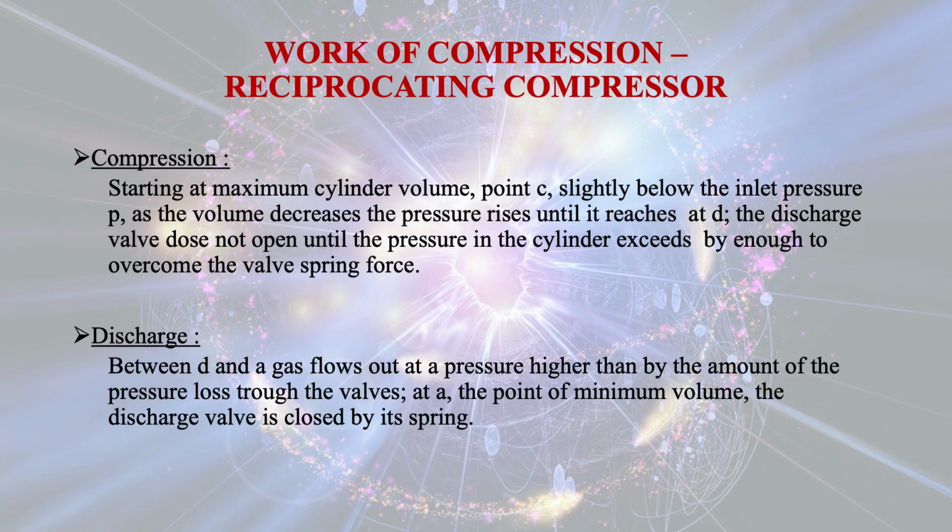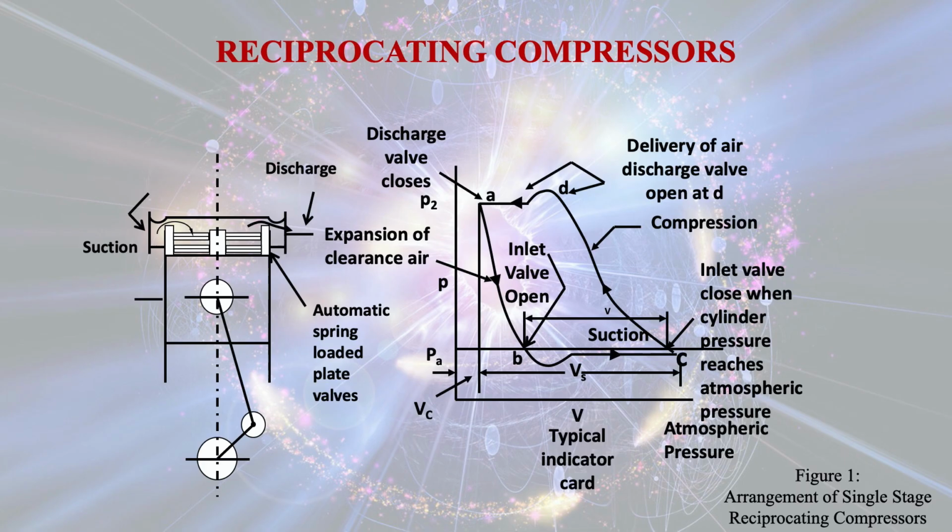Between D and A, gas flows out at a pressure higher than the discharge pressure by the amount of pressure lost through the valve. At A, the point of minimum volume, the discharge valve is closed by its spring. Now, this is the diagram for the arrangement of a single stage reciprocating compressor.